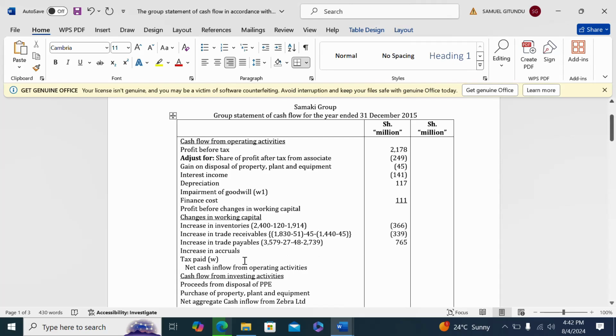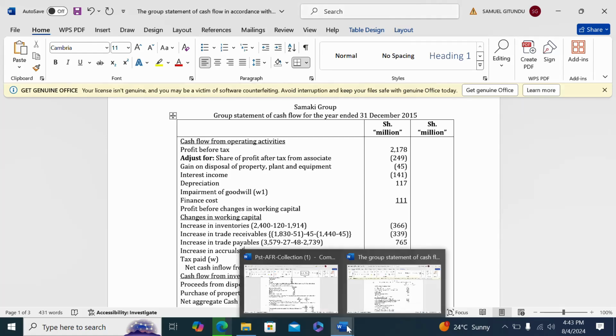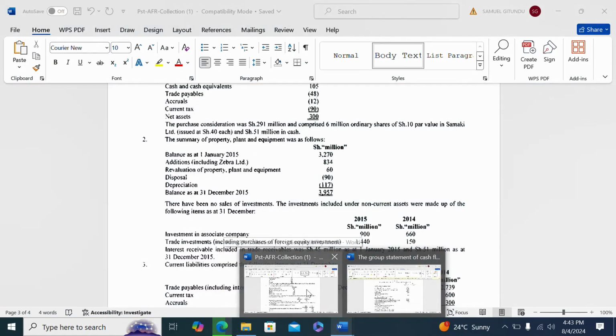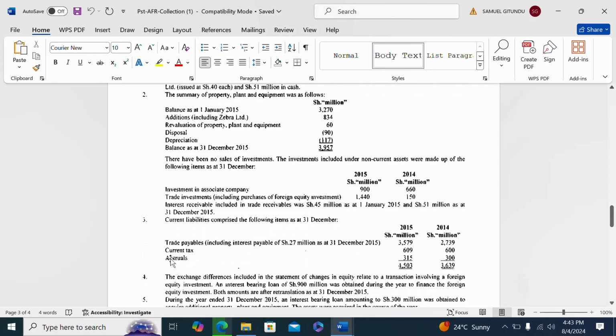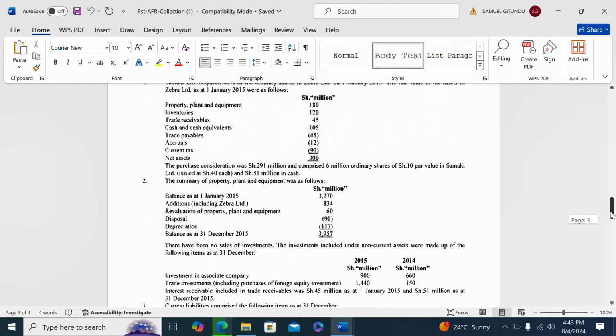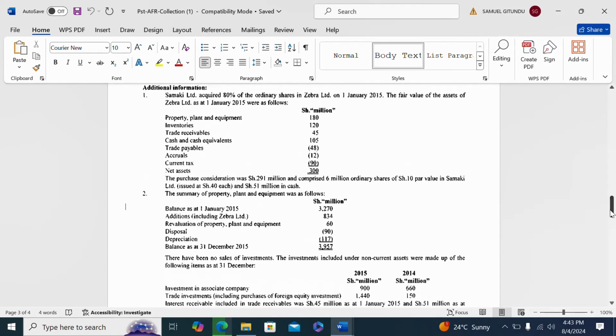Then we have the increase in accruals. So we check how much was the accruals. I can see at the additional information number 3, the accruals were 315 at 1st December 2015, and 300 at 1st December 2014. We also deduct the accruals that came from the subsidiary, which are 12.